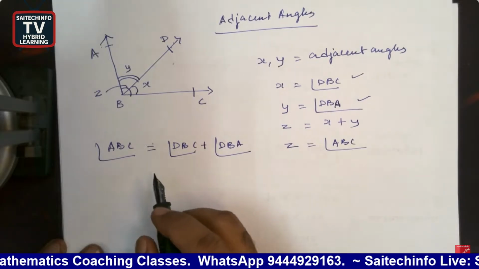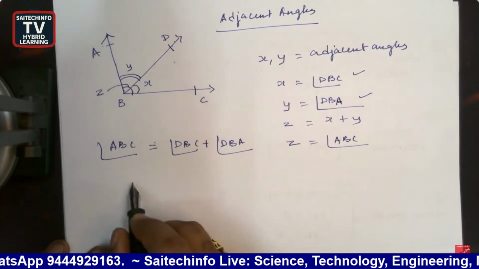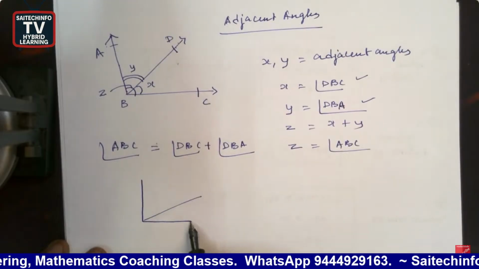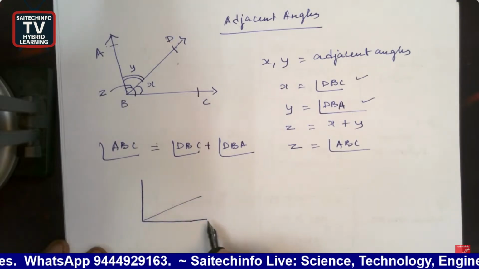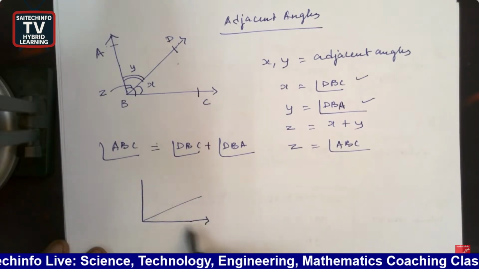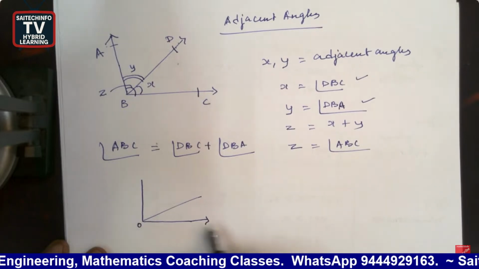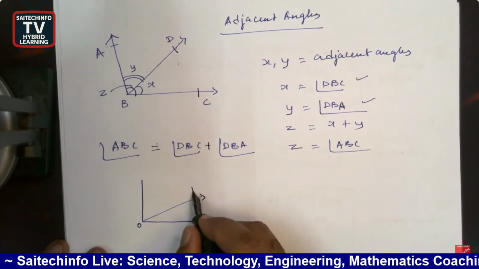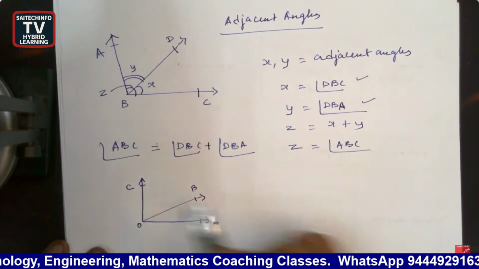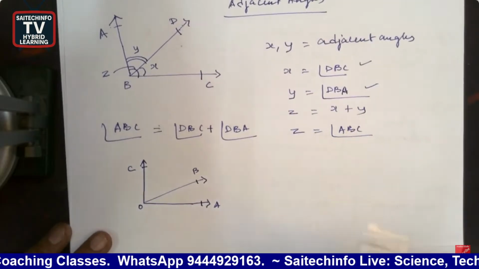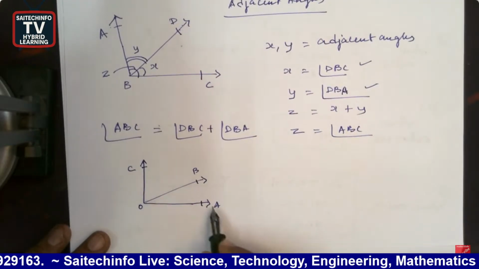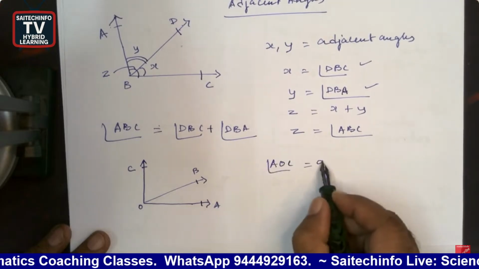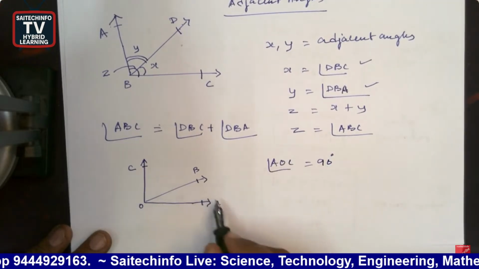Now let us consider a right angle like this. In between I have drawn another ray, another arm. This is O, let us call it A, and this is B, and this is C. Okay? Now what is AOC? That is 90 degrees, is it not? And what about AOB?